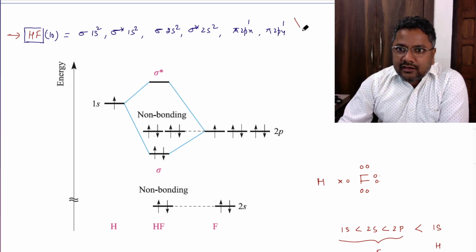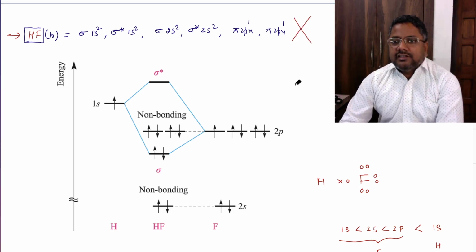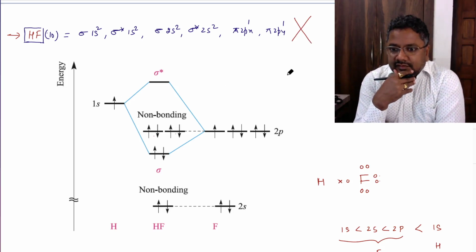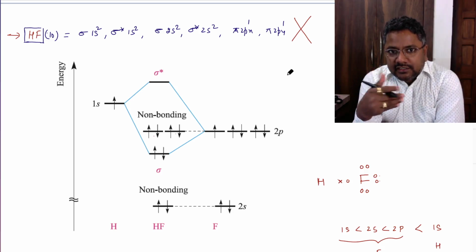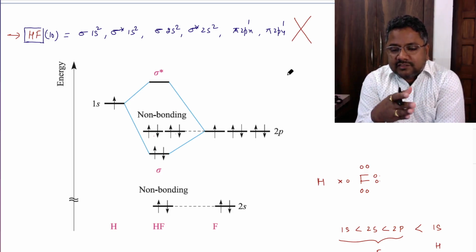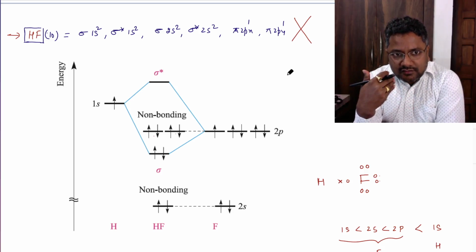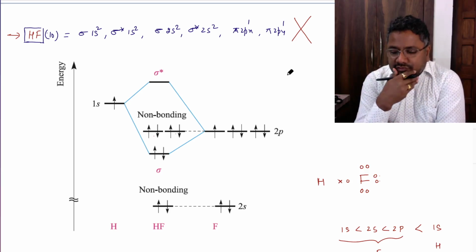So you cannot use the above energy order of molecular orbitals for explaining heteroatomic molecules, right?